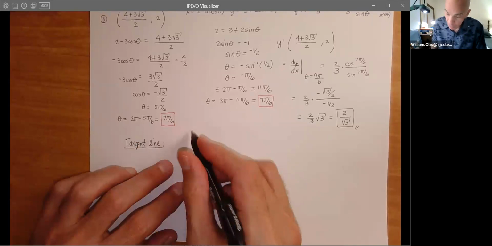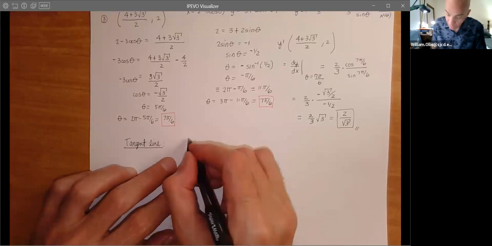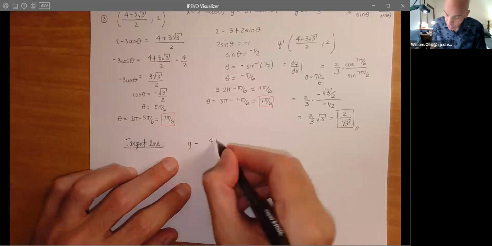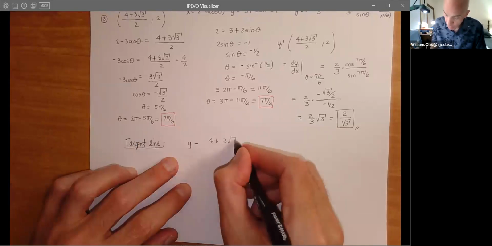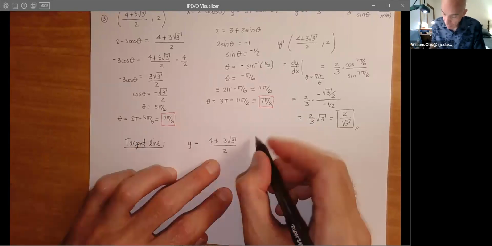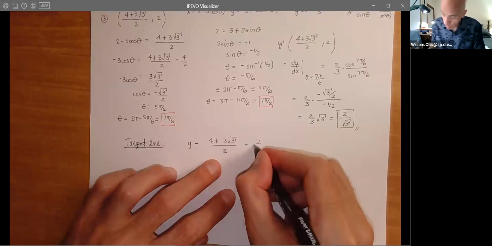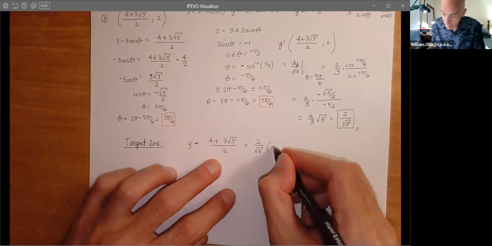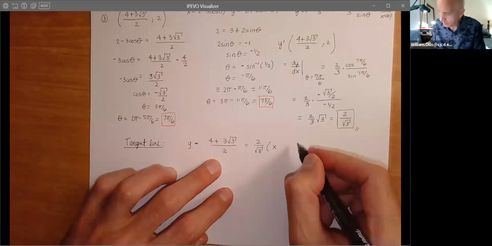So now we have y minus 4 plus 3 root 3 over 2 equals 2 over root 3 times x. Oh, sorry.